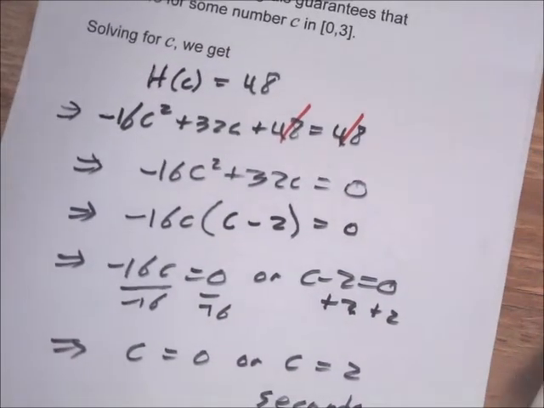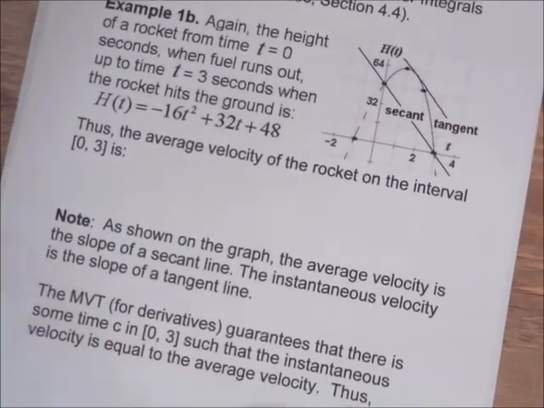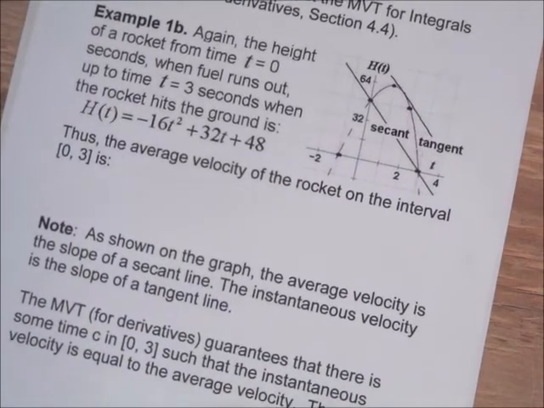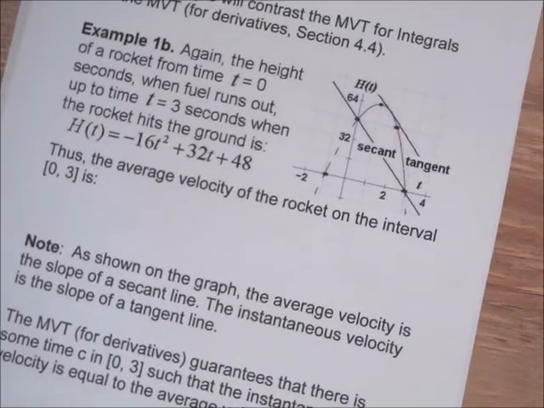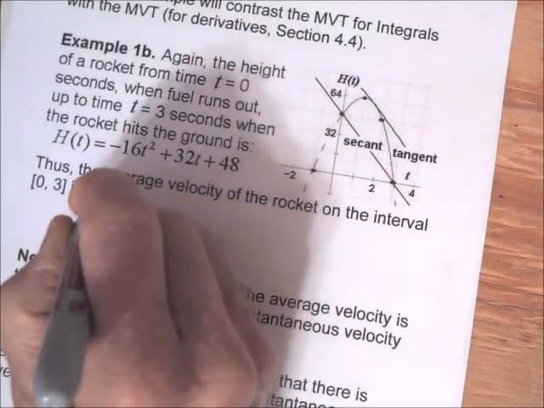Okay, so by way of contrast, let's also apply the mean value theorem for derivatives here. If we go back to this example, instead of average height, we'll compute the average velocity of the rocket. So the average velocity is going to be h of 3 minus h of 0 over 3 minus 0.